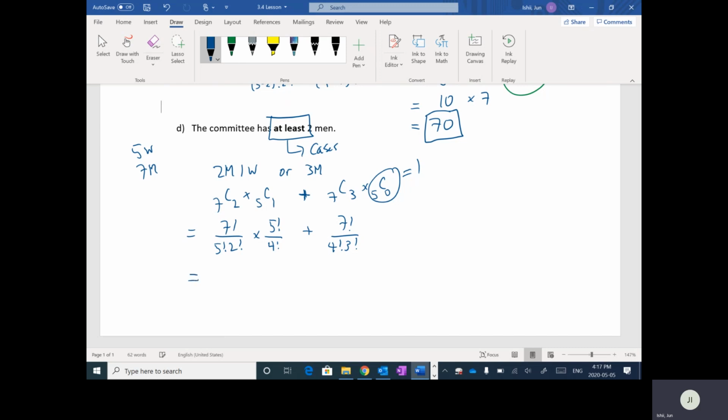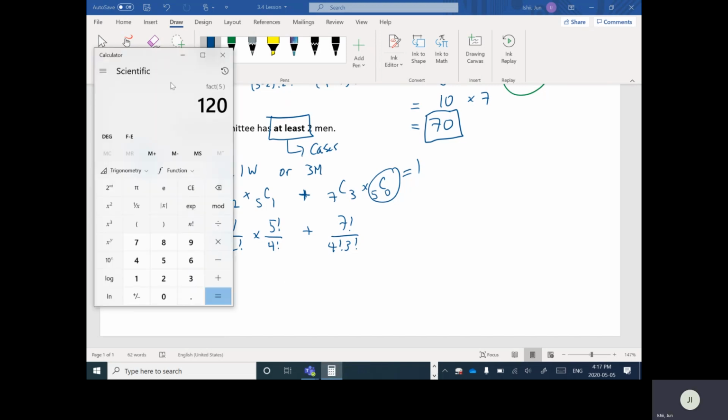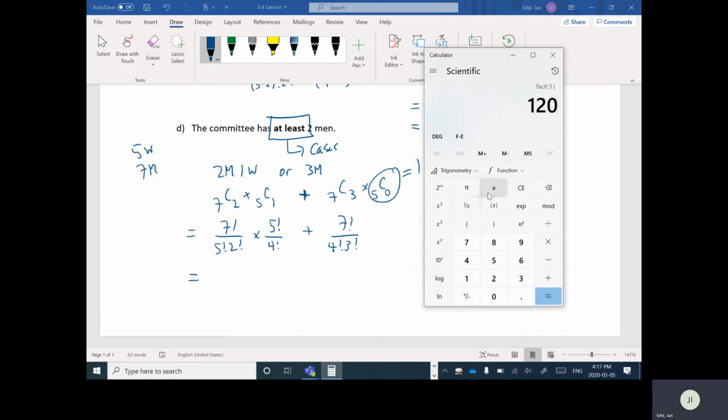Okay, so what is this going to equal? All right, so 7 factorial divided by bracket 5 factorial times 2 factorial, which is just 2, equals, okay, so this is 21.